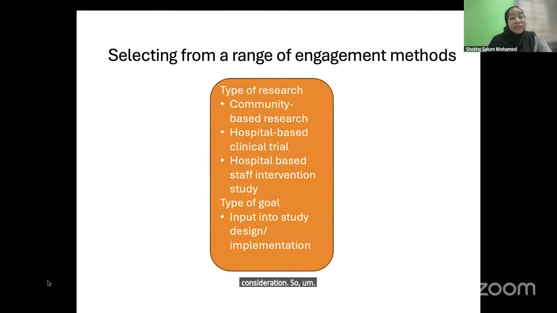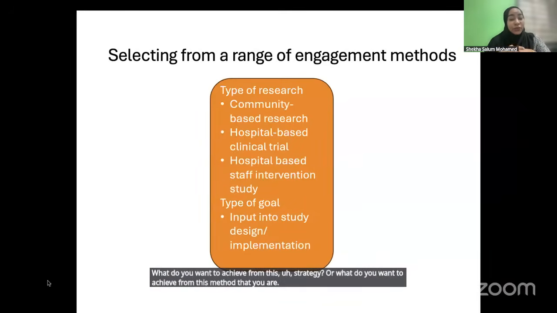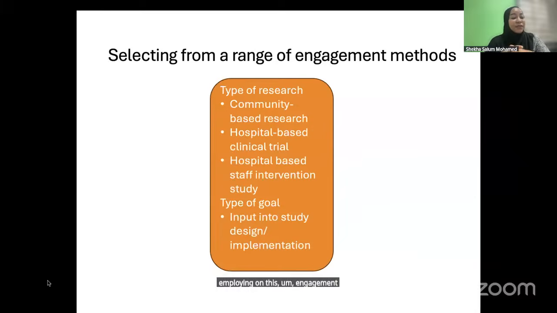The engagement method or strategy that you choose will depend on the type of research and the type of goal for the engagement. So this needs to be clear from the beginning. What do you want to achieve from this method that you are employing in this engagement activity?